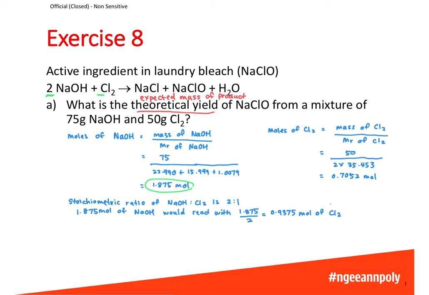Now let's compare the number of moles of Cl2 needed with the amount of Cl2 that we actually have. We see that actually we have less than the amount of Cl2 required to fully react with all the NaOH. So we see that Cl2 is the limiting reactant, whereas NaOH would be in excess.